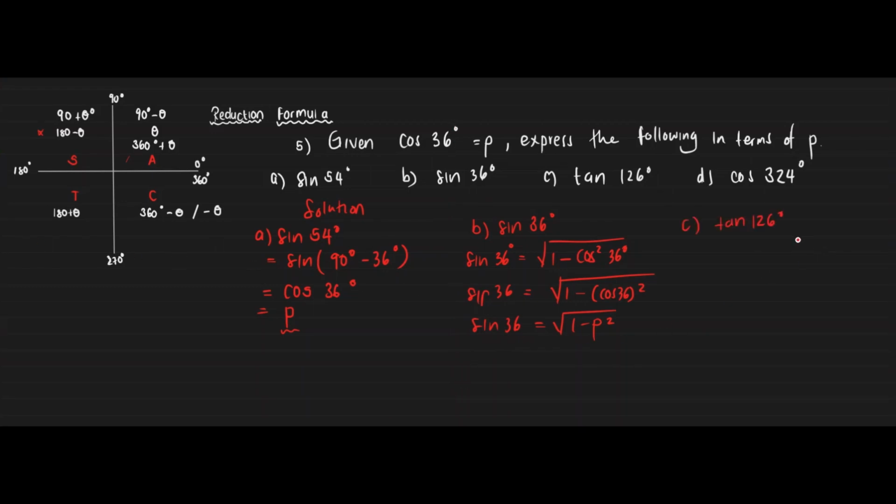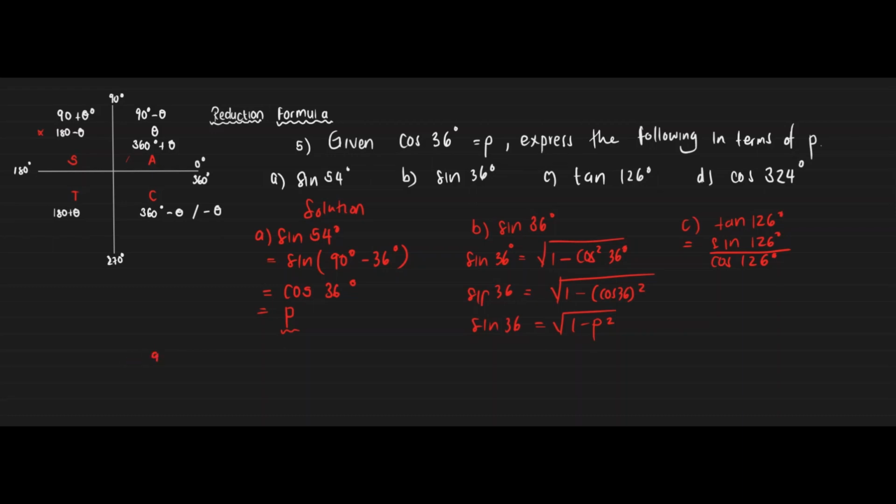So for number C, we have 126 degrees. First, we need to change it into an identity so that it contains cos and sine. Since we know that cos is p, and sine we already solved as the square root of 1 minus p squared, we're going to change this. This is going to be the same as saying sine 126 degrees divided by cos 126 degrees.